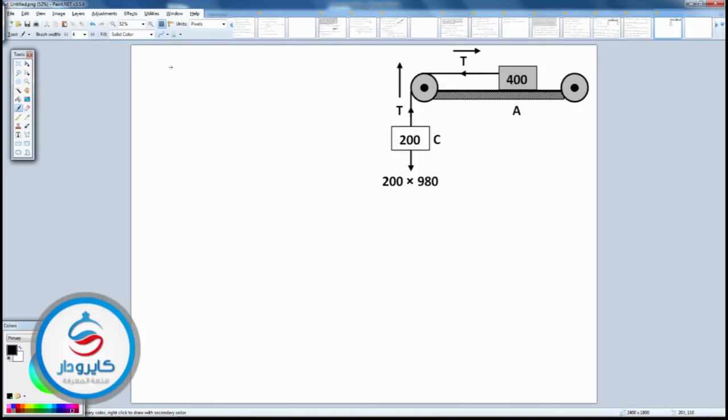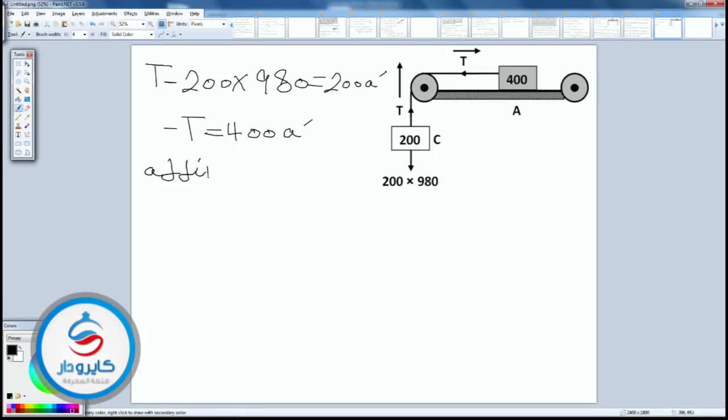Look at this figure. T minus 200 times 980 equals 200A dash, and 400 times 980 minus T equals 400A dash. Adding, negative 200 times 980 equals 600A dash.